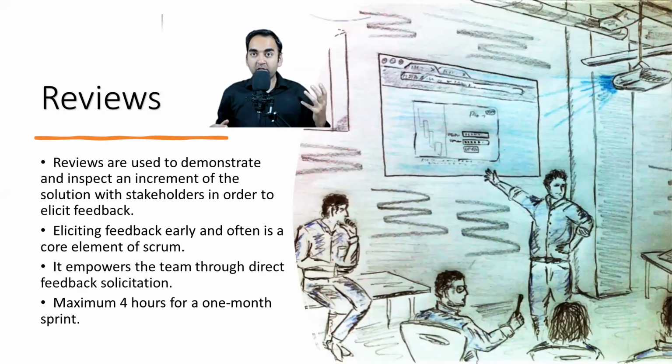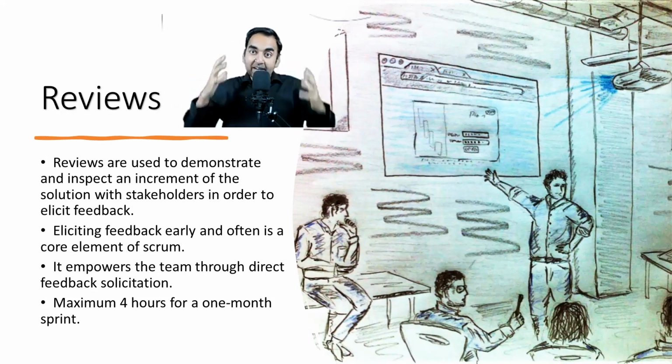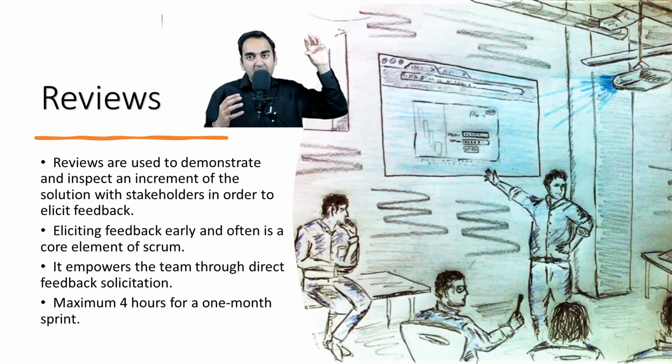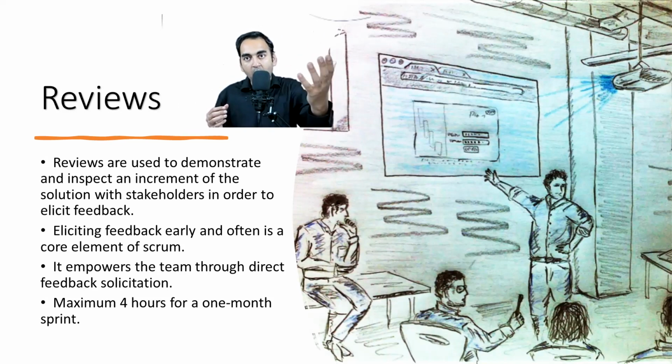A review session is designed to inspect an increment and elicit feedback from stakeholders, which means you build something as a team, that is your increment, and now it's time to demonstrate it in front of the relevant stakeholders or in front of the client, and then get feedback.